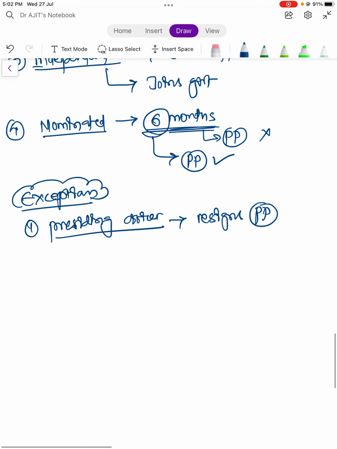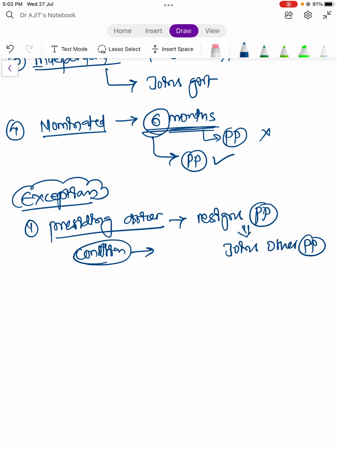But again, very important thing, there is one condition. If he resigns from this political party and joins another political party, then he will be charged under anti-defection and he will be disqualified, right?